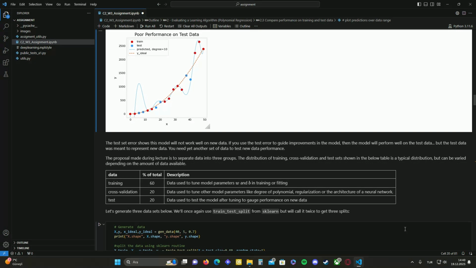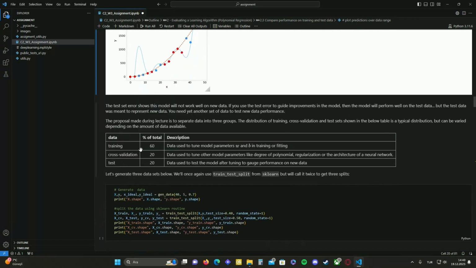The proposal made during the lecture is to separate data into three groups. The distribution of training, cross-validation, and test sets shown in the below table is a typical distribution, but it can be varied depending on the amount of data available. Training 60%, cross-validation 20%, test 20%.